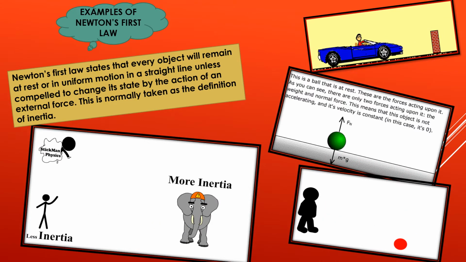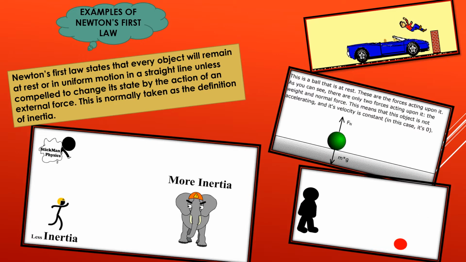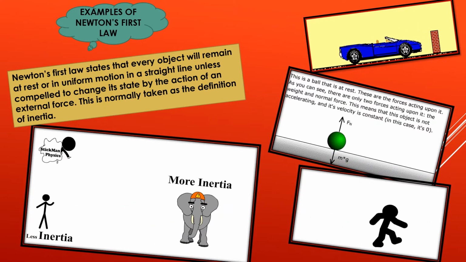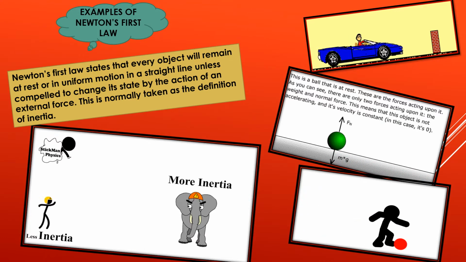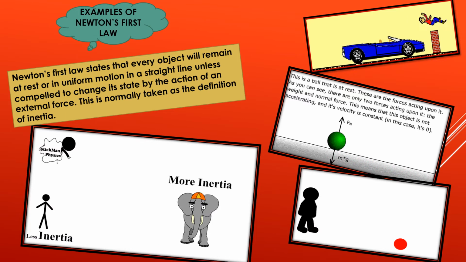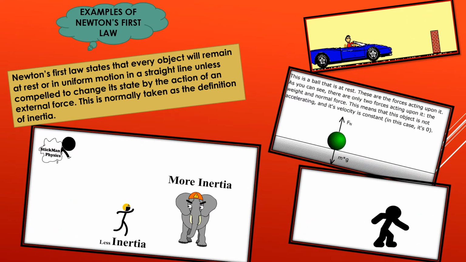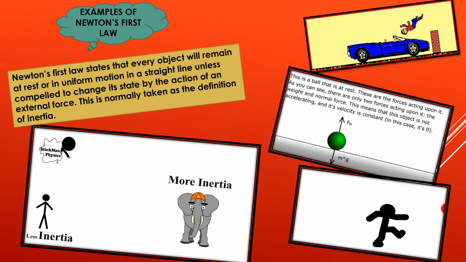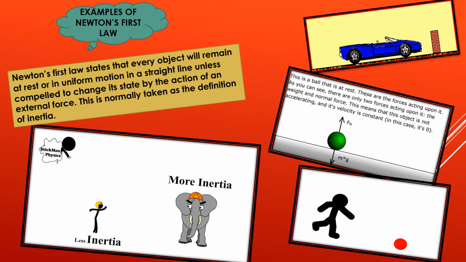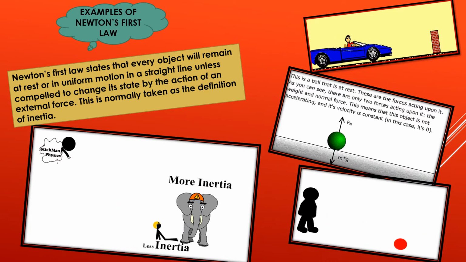Mostly accidents happen due to this reason, because generally every moving and static object follows Newton's first law. That's why a seat belt is required also. And this is one of the best causes of accident.